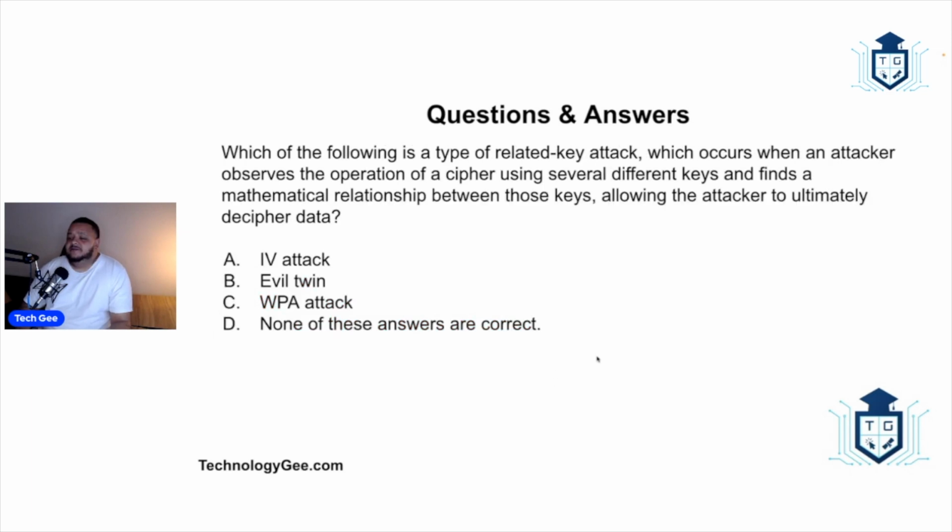All right. Which of the following is a type of related key attack, which occurs when an attacker observes the operation of a cipher using several different keys and finds a mathematical relationship between those keys, allowing the attacker to ultimately decipher data? Would this be an IV attack, an evil twin, a WPA attack, or none of the above?